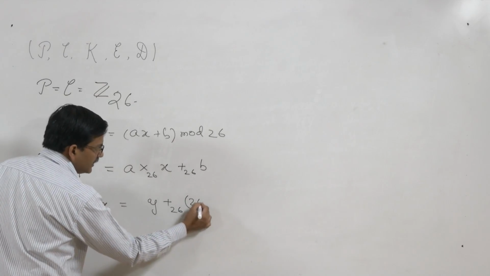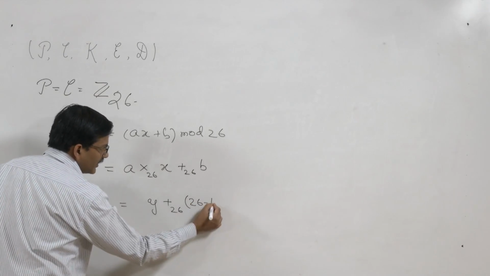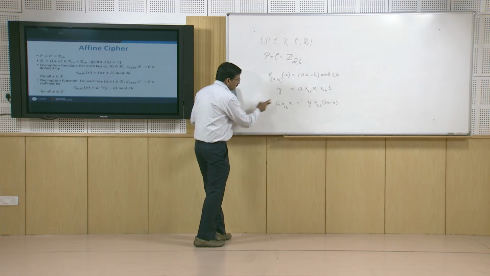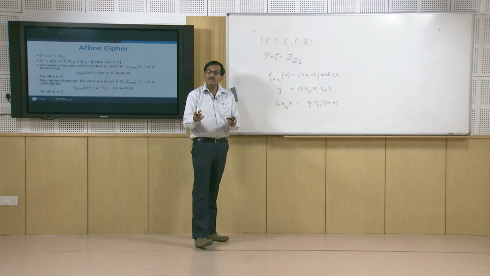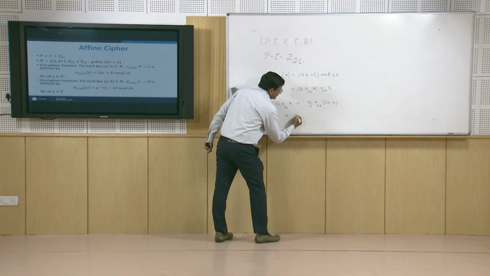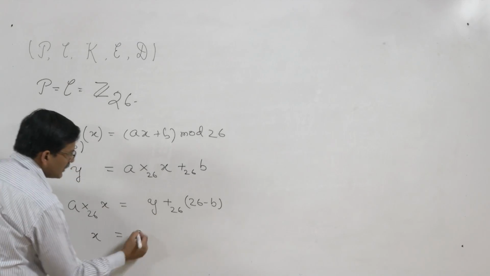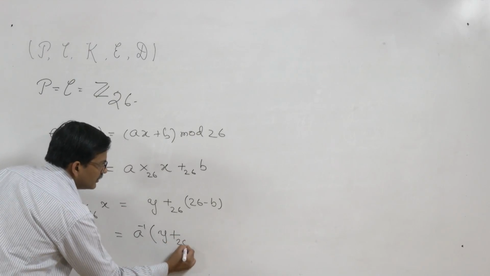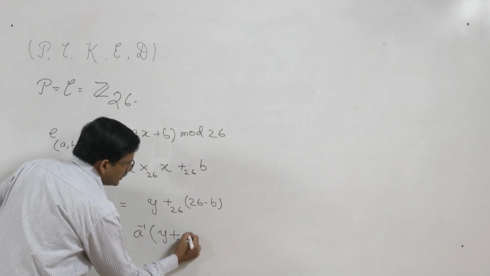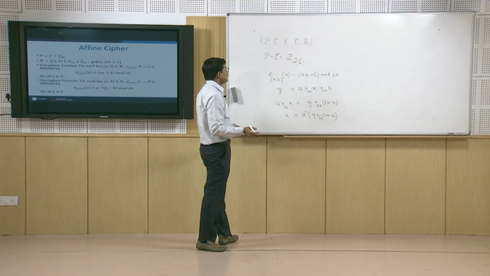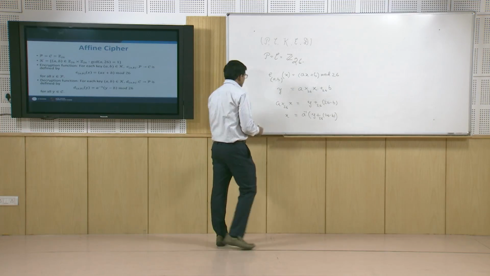He writes this and then he multiplies both sides by the inverse of a. If he does that, then x is equal to a inverse times y plus minus b, mod 26.